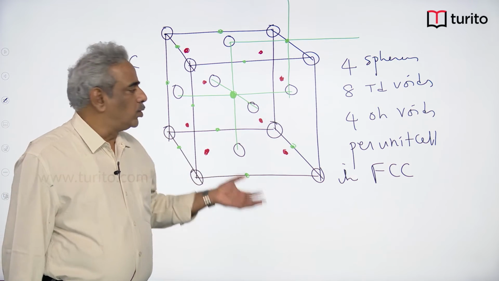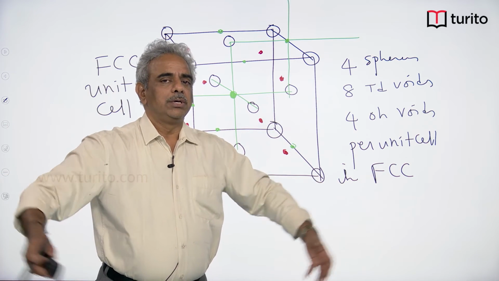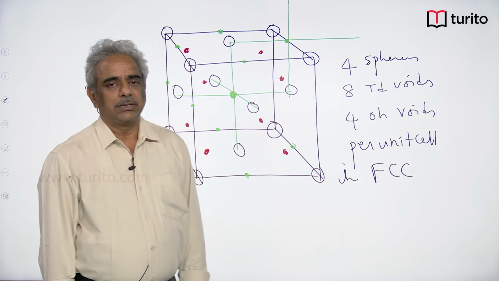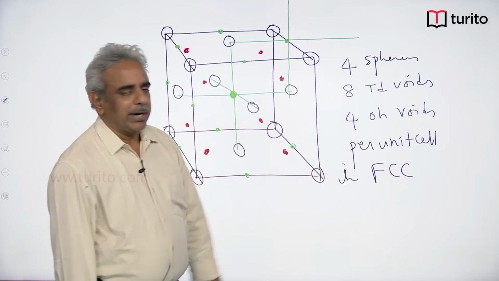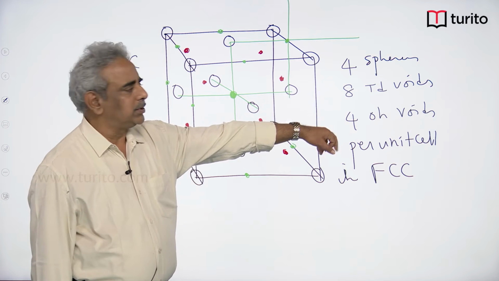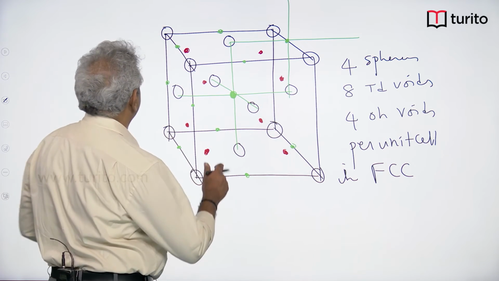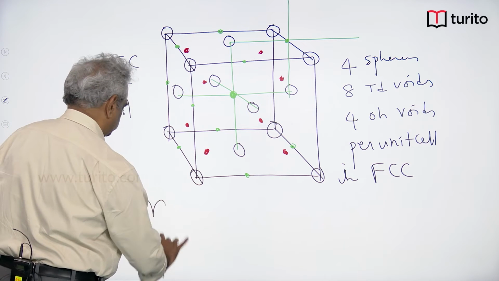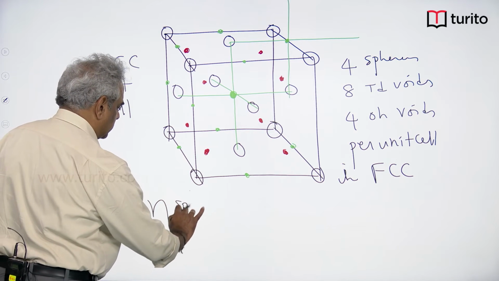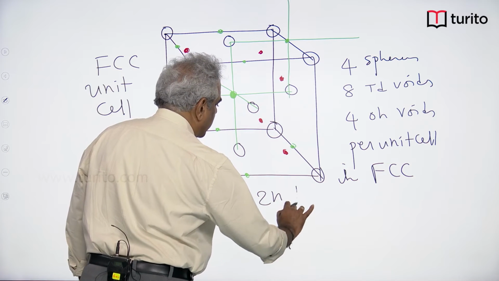Now, in the lattice you do not have only one unit cell, you have a huge number of unit cells, you have a big lattice, space lattice. So, I will just extrapolate. The number of spheres is half the number of tetrahedral voids, and equal to the number of octahedral voids. So, when I have n spheres, they can generate 2n tetrahedral voids.